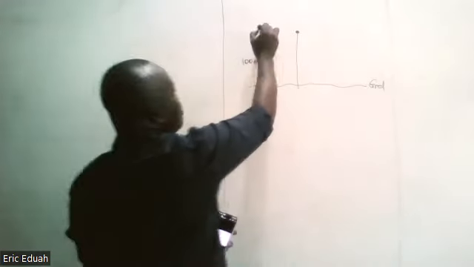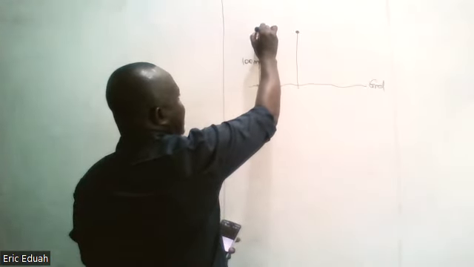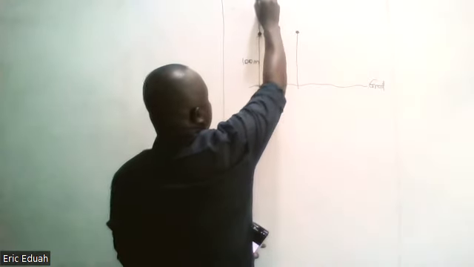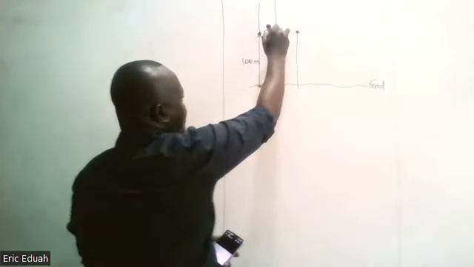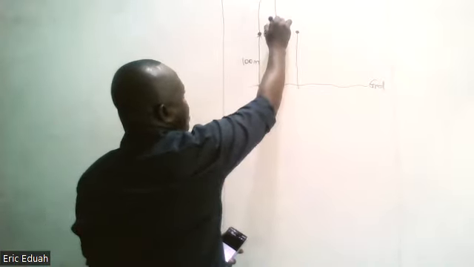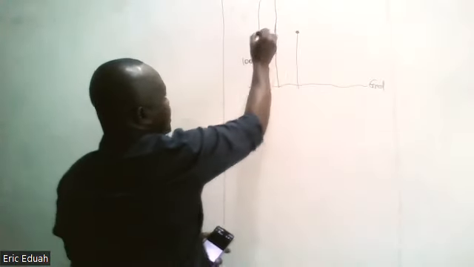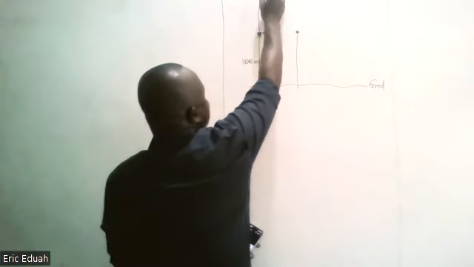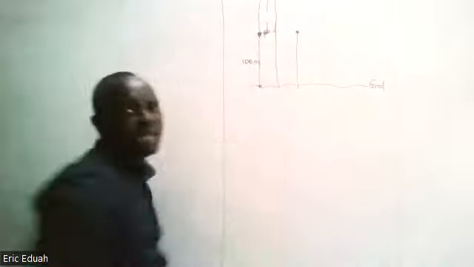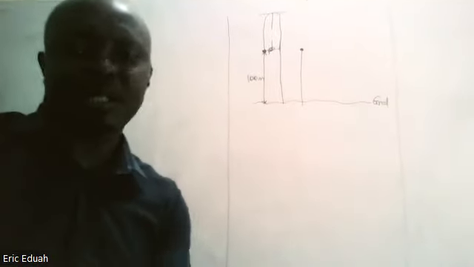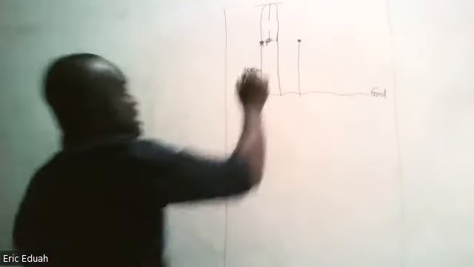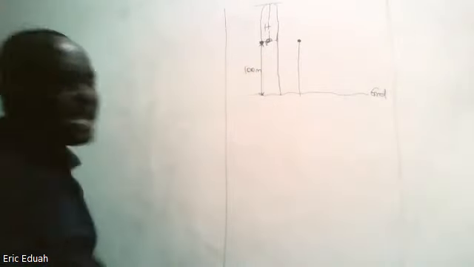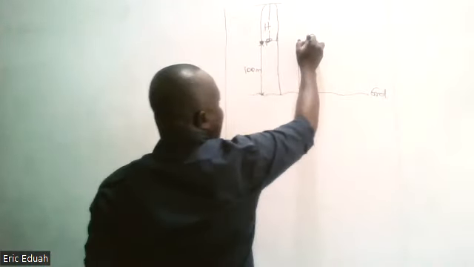Meanwhile, P is projected vertically upwards, so P goes up to a maximum height before dropping to the ground. From here to this point, we call the maximum height H max.